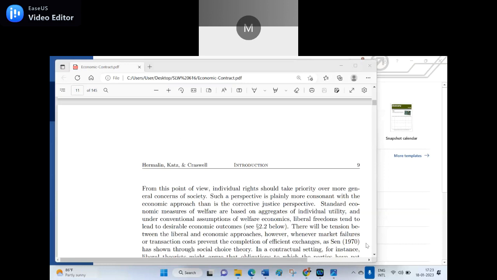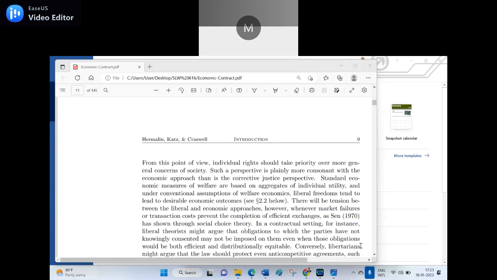So in any matter, how much an individual needs to lead a good life, that much amount will be paid to him, and that is the liberal way of calculating it.